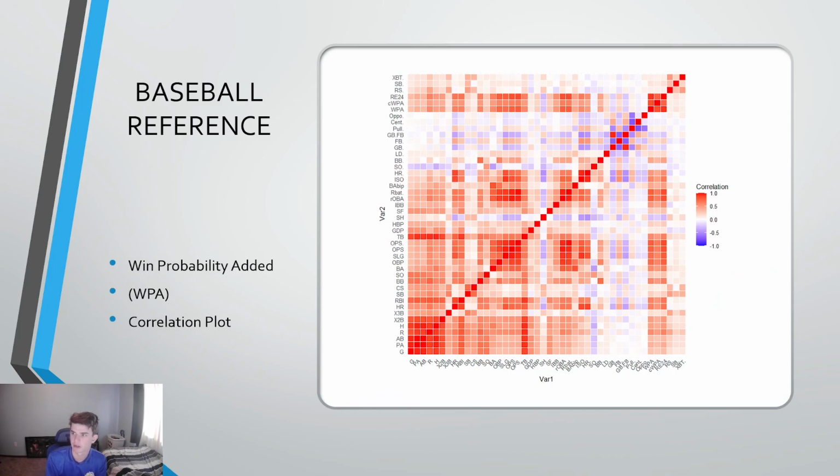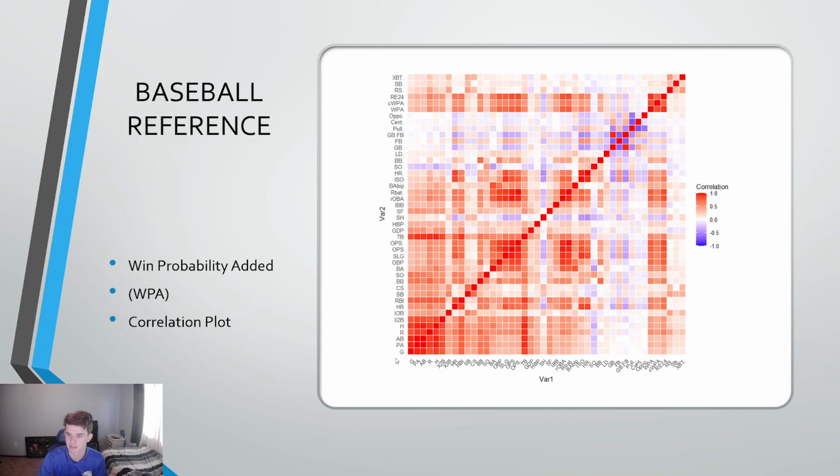The next step that we're going to be looking at is to model our data. The variable that we're going to be using is a production variable. To make this production variable, we want to use StatCast data, but we don't have a production variable in StatCast. So we are going to be using a variable from this Baseball Reference data set called win probability added, or WPA.